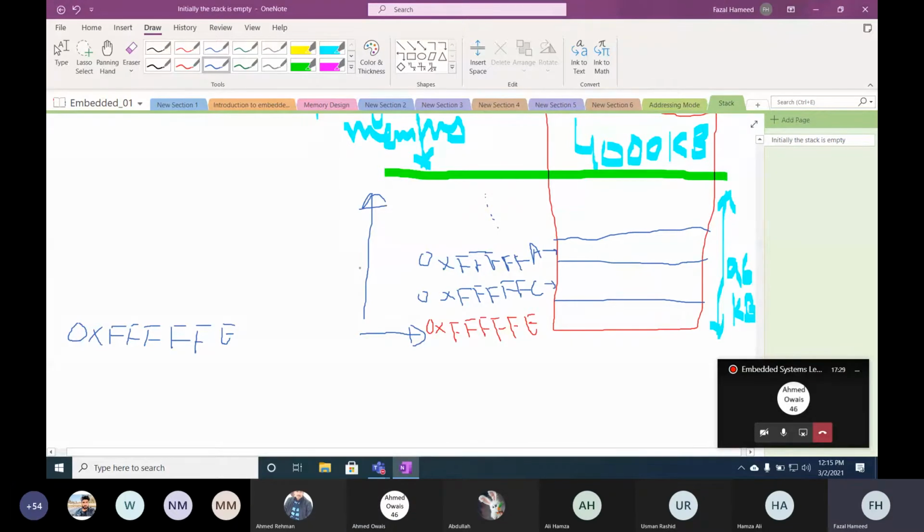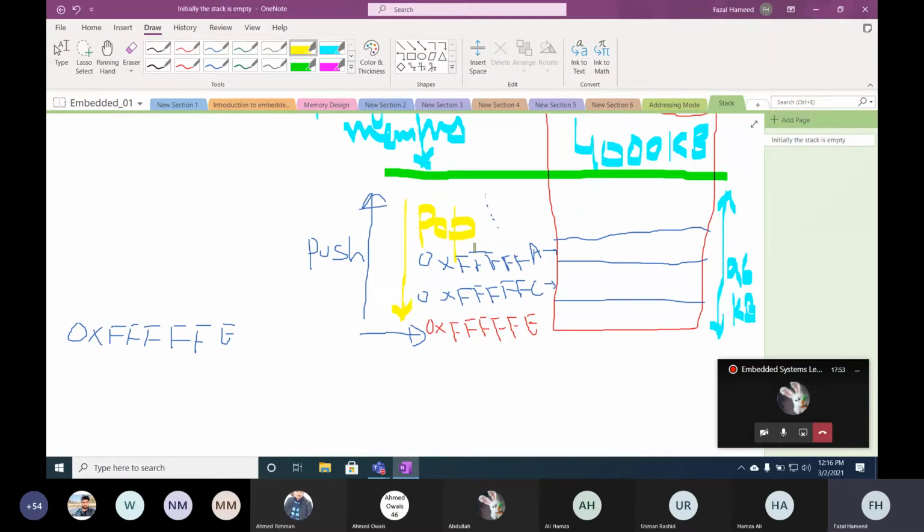If we move in this direction, are we pushing or popping? Pushing, sir. And if we move in the opposite direction, then popping, sir.